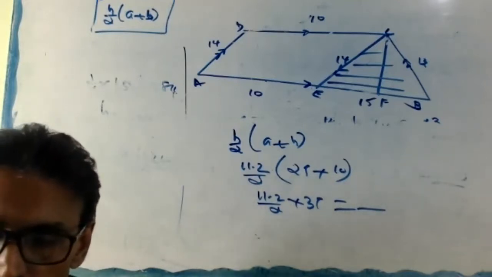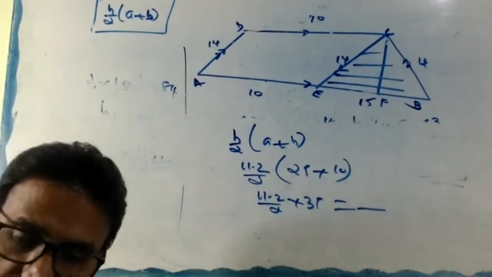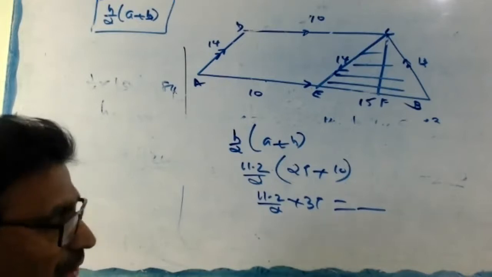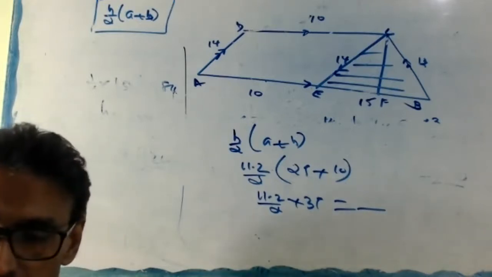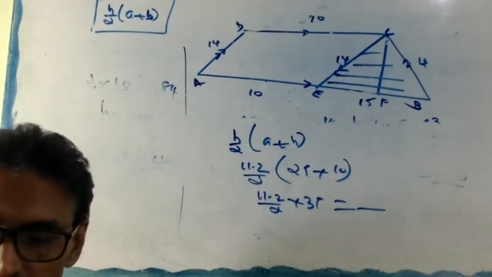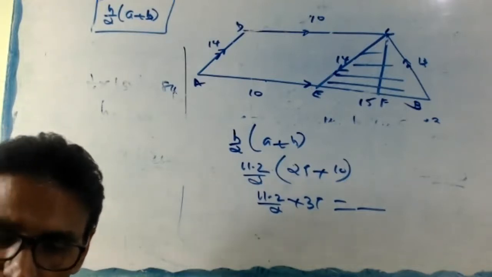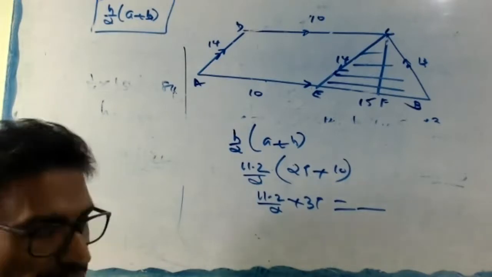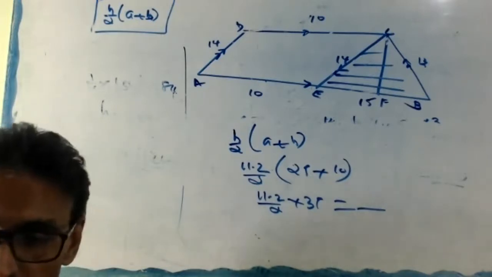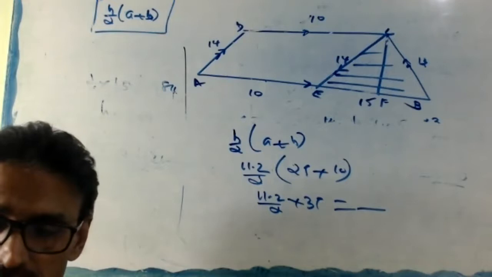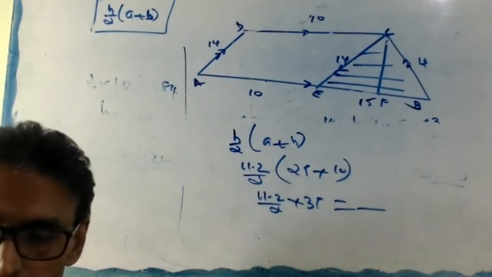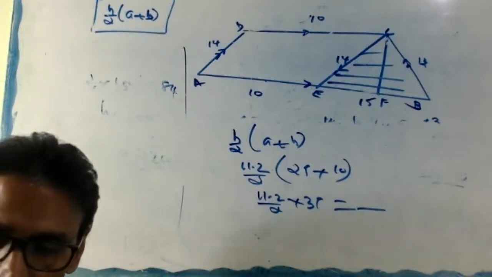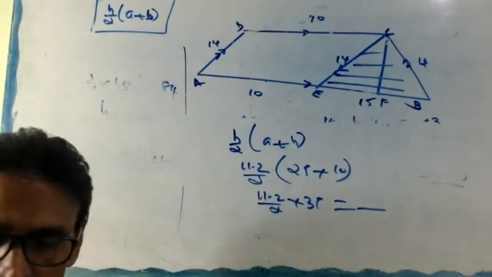Area of a triangle, you can use both. Some answers: 7840, 8040. What a calculation, man. This is the problem. We have no idea how to calculate it. 11.2 into 35 divided by 2. Wrong.